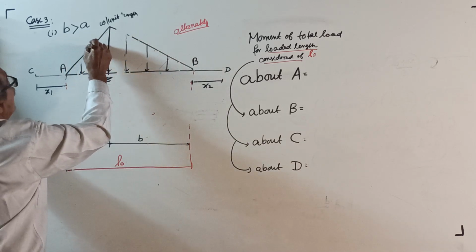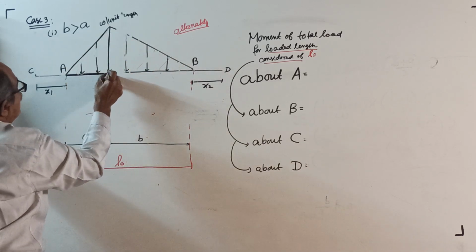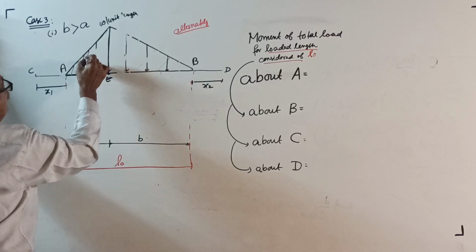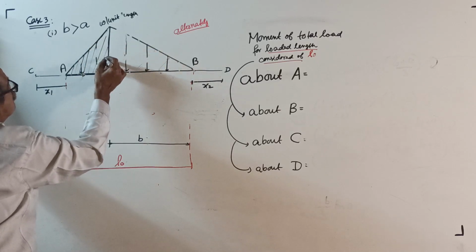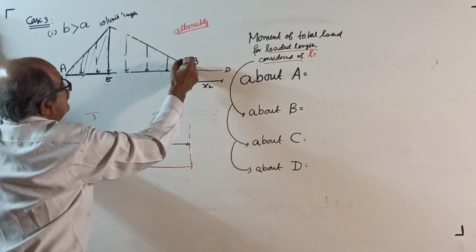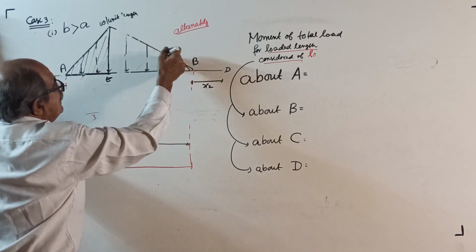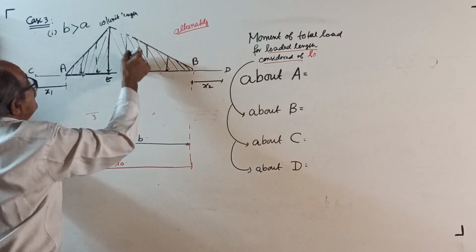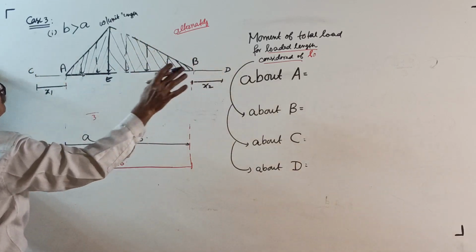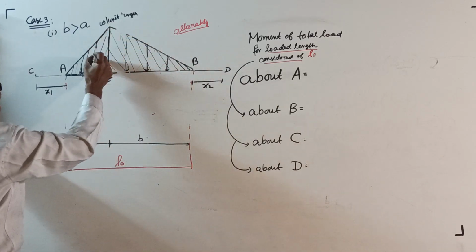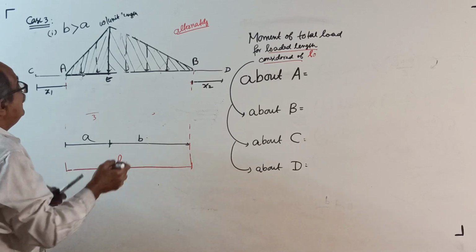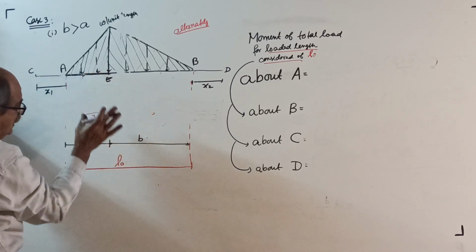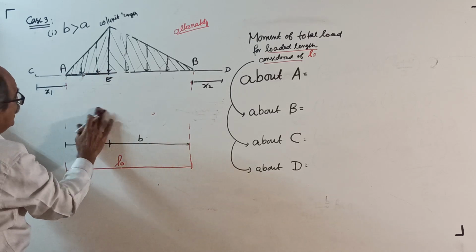Consider this triangle. I will put a light hatch here. This is one of the loading diagrams. Consider this loading diagram separately, either side loading diagram separately. Separate it out. For this diagram, A to E only, the loaded length is not L naught.